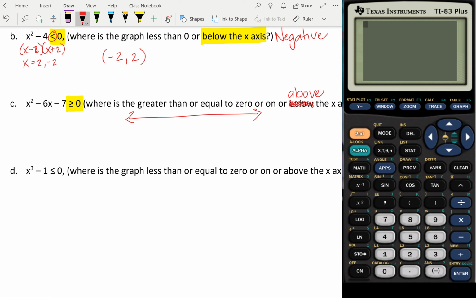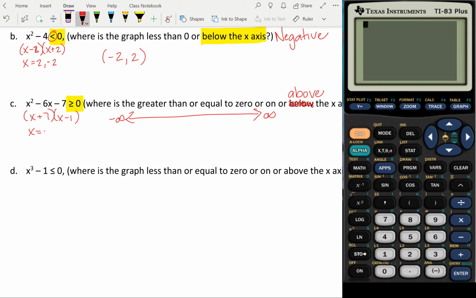Draw your x-axis. So what we're going to do is this side is to -infinity, this side is to +infinity. We're looking for where are the answers positive, right? So we need to know our factors first. So what times what gives me a -7 but adds to be a -6? Well, it has to be x minus 6, no, x plus 7 and x minus 1.